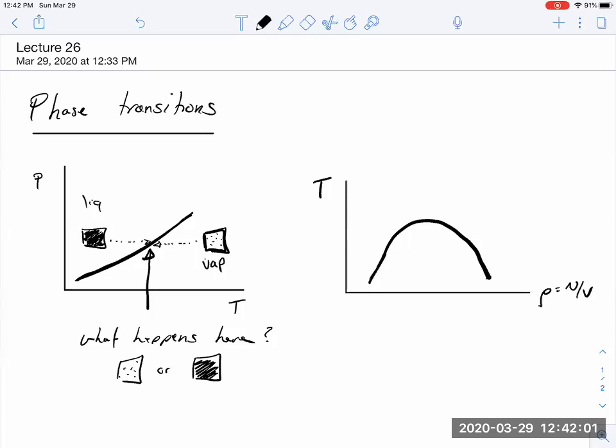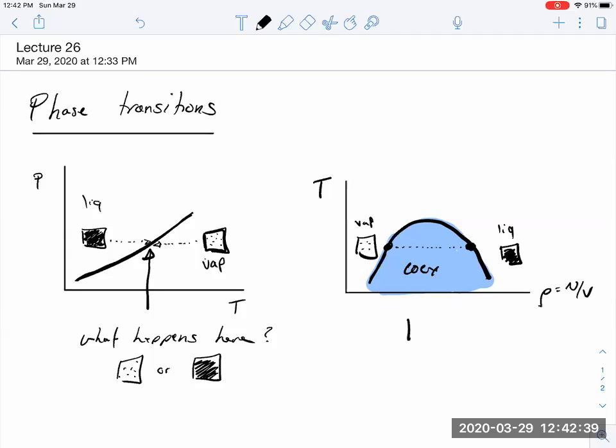Specifically, we know that there's a region at high density, which is what we mean by the liquid, and a region at low density, which is what we mean by the vapor. And the region underneath this curve is a region of coexistence, whereby if we control the density to be somewhere underneath this curve, what we'll see there is a liquid in contact with its vapor.